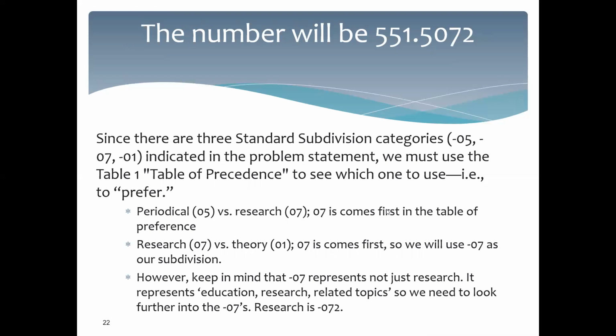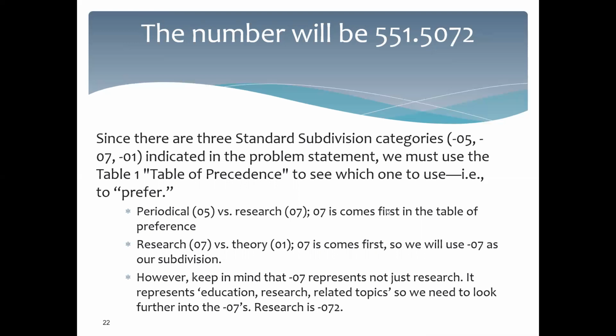We want periodicals first. So this is one of those areas where you may make a decision based upon how you actually want to group things, because as we get to these very granular notations, that actually groups things on a shelf differently.